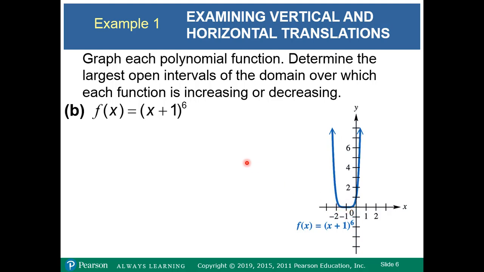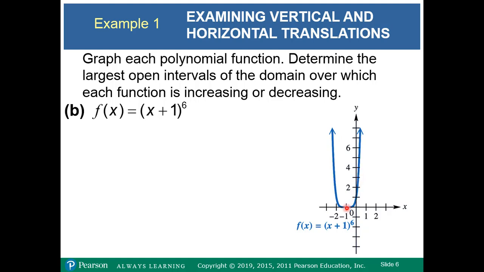Okay, so if we look at the graph, where is it decreasing and where is it increasing? Well, let's do increasing. So where's it increasing? Well, if we go again left to right, this is going down. So as we trace the graph, it's going down, down, down, down, down until here. And then what? Now it's going up, up, up, up.